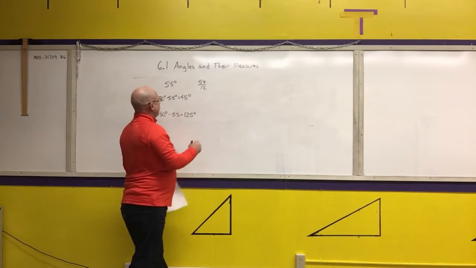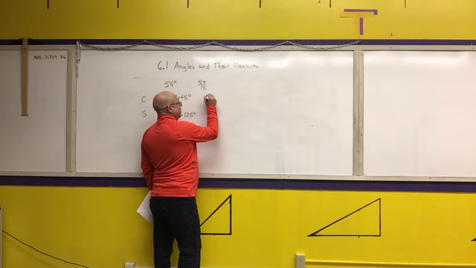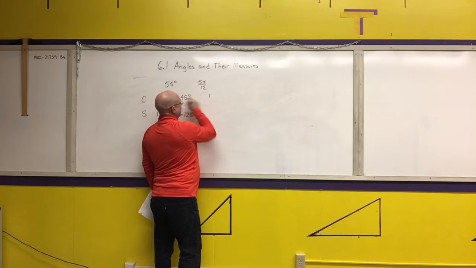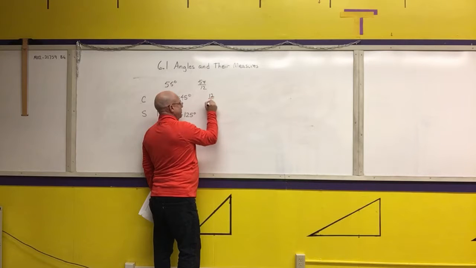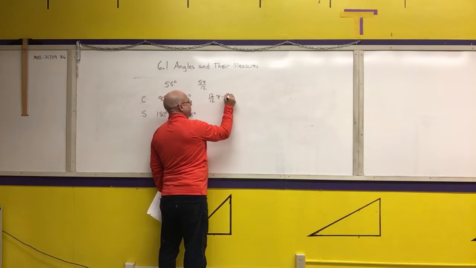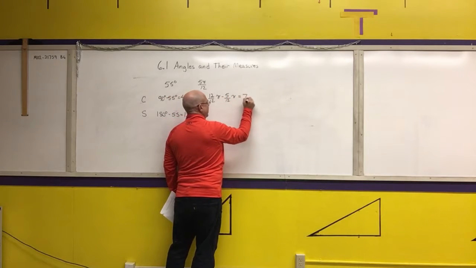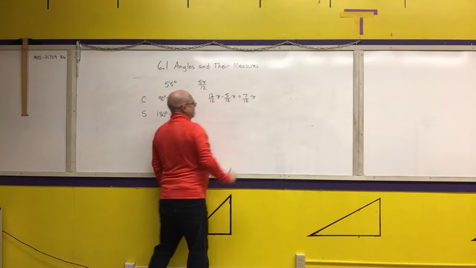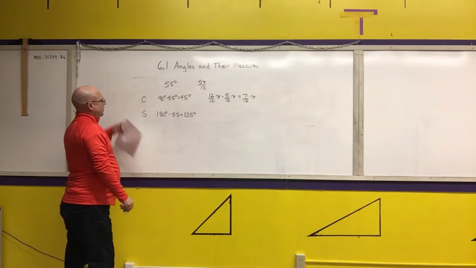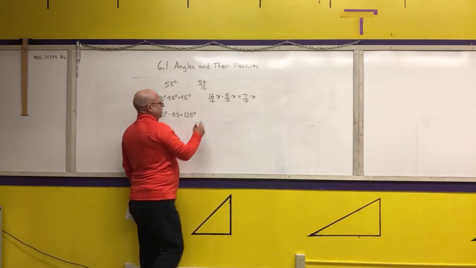For 5 pi 12ths, I want to know pi, because 90 degrees is pi, which is 12 12ths pi minus 5 12ths pi is 7 12ths pi. Except I wanted pi halves, so I did the other one first.